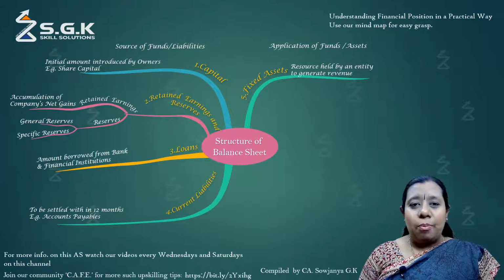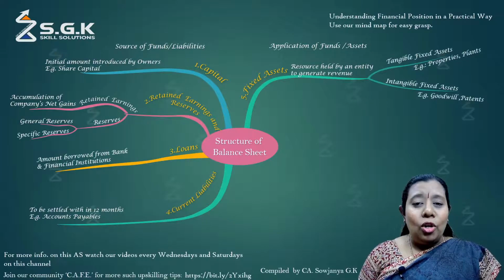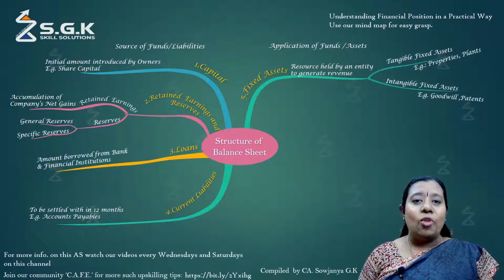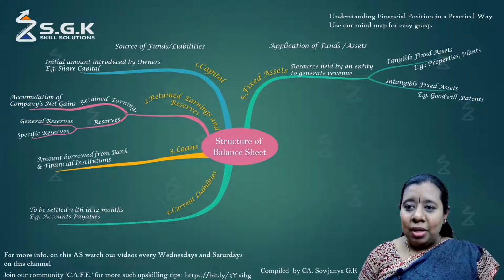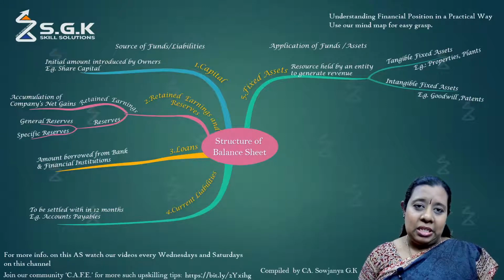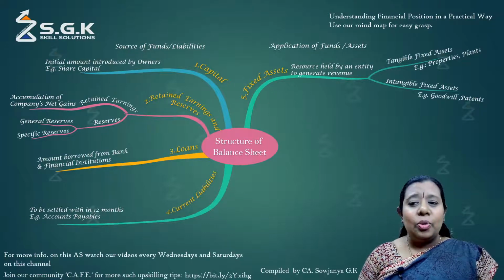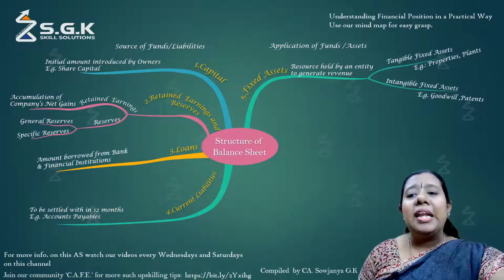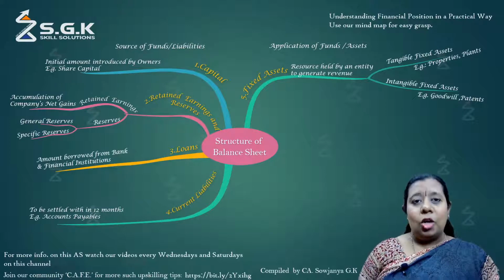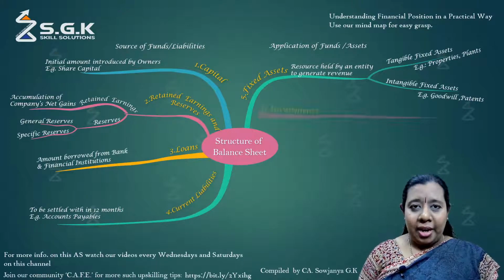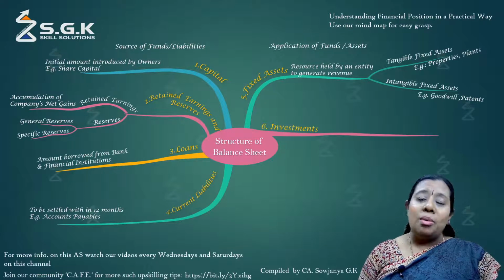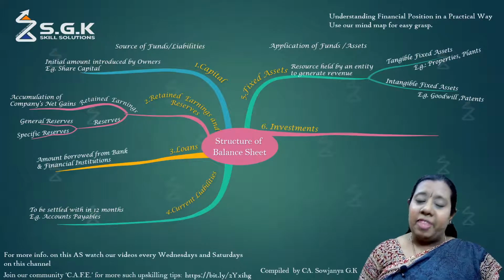The fixed assets held by an entity can be of various categories: tangible, like properties and plants, which can be seen and felt. The other one is intangible fixed assets, largely goodwill or patents, which are not in tangible format.